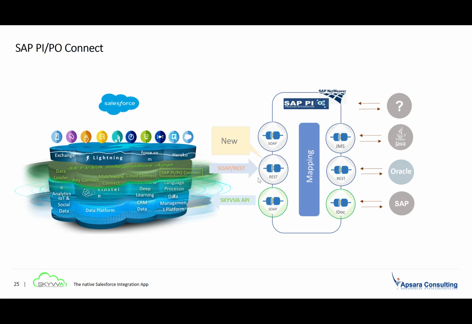The REST adapter is coming from 7.40 and 7.50, so now we support the REST adapter, and you can choose which adapter on the SAP side you want to use. You can use the SOAP adapter, or now you can use the REST adapter. That is the enhancement that we have done for SAP PO.